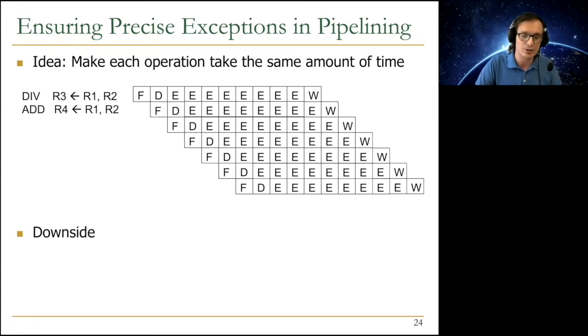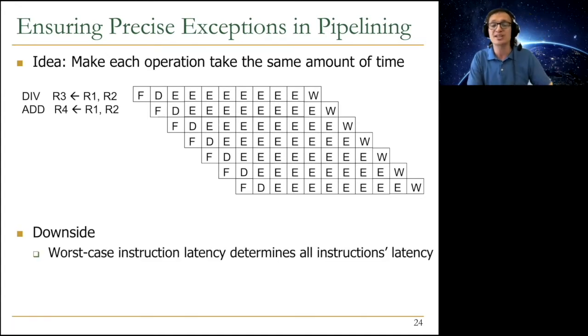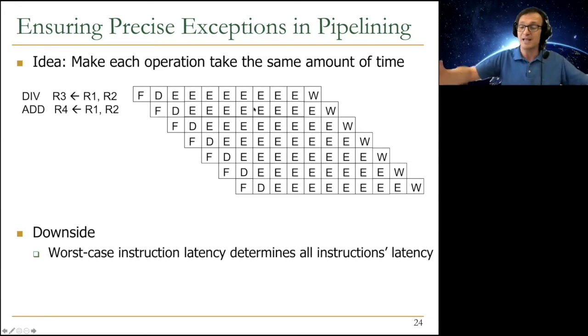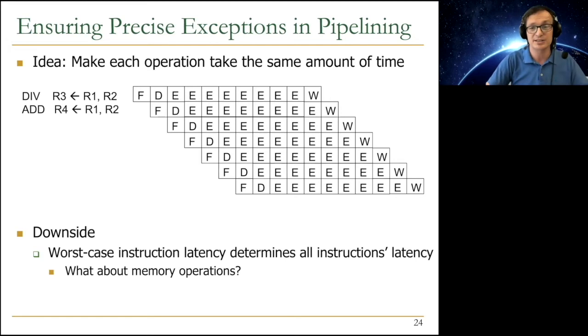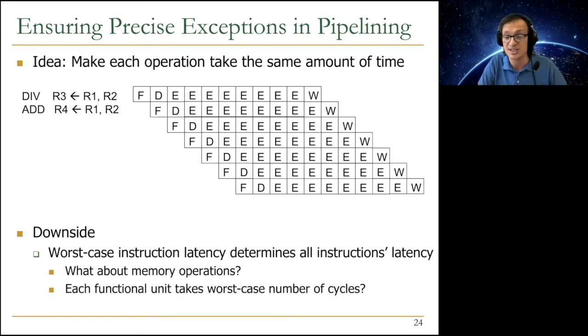Unfortunately, this is not a good solution as we discussed, because now your worst case instruction latency determines your pipeline depth and also all instruction latencies. Now, think about worst case instructions. What about memory operations? If a memory operation is supposed to take in the worst case 500 or 650 cycles in Xbox 360, for example, do you make every functional unit take 650 cycles?